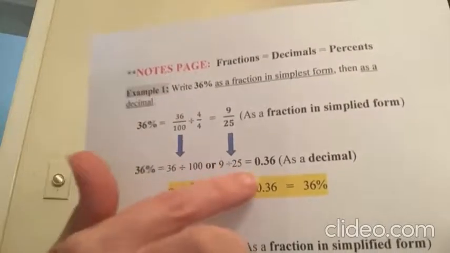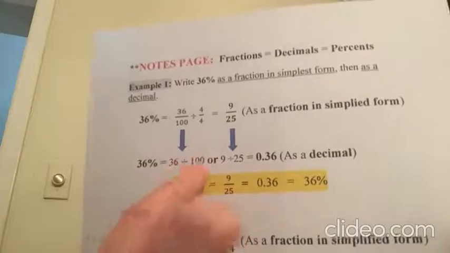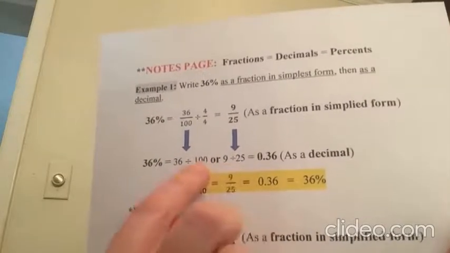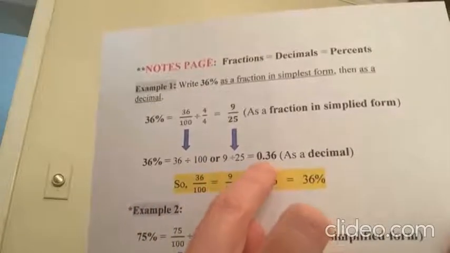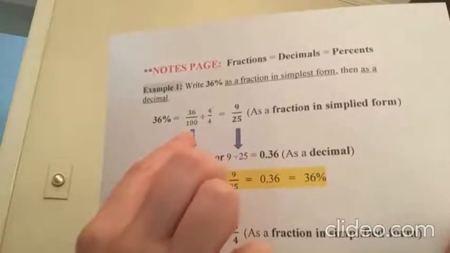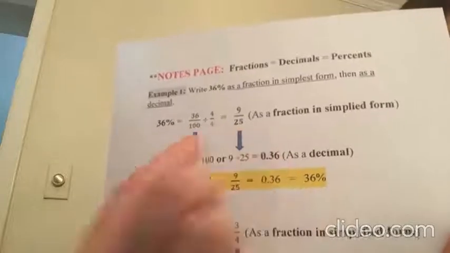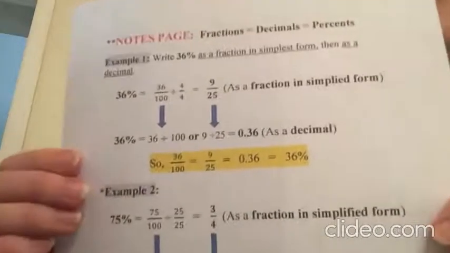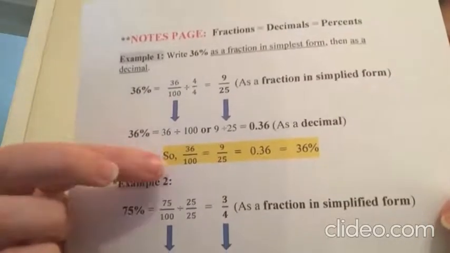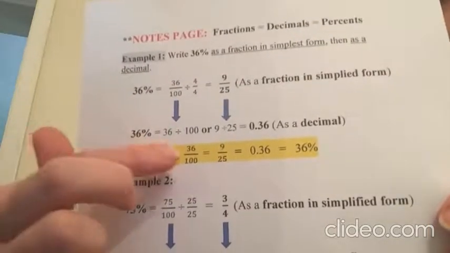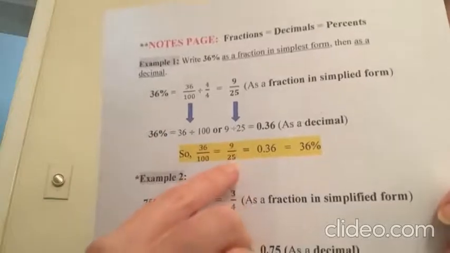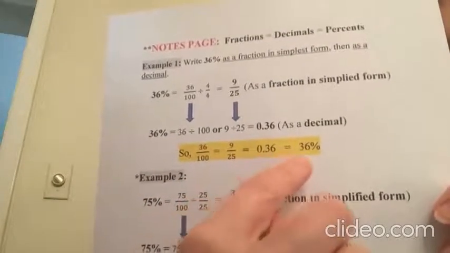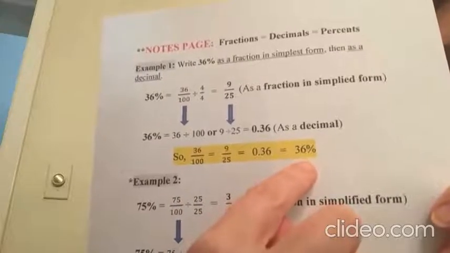Both of these division problems, if you put those on your calculator, will both give you 0.36 because this fraction and that fraction are equivalent. So they're going to have the same decimal. So 36 over 100 is the same thing as 9 over 25, which is the same thing as 0.36, which is the same as 36%.